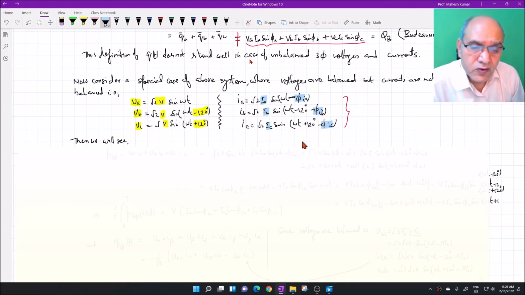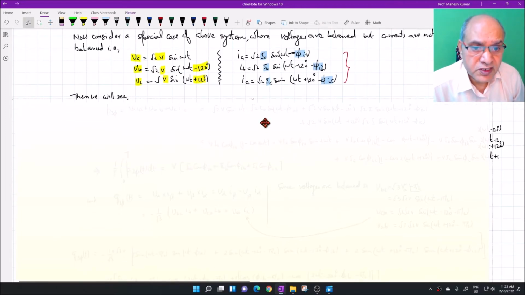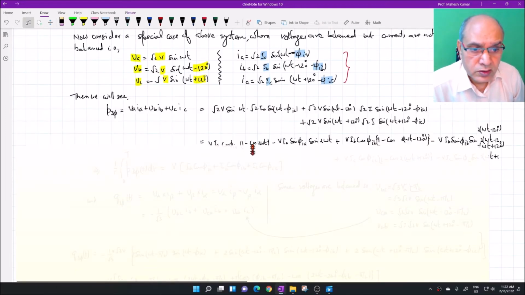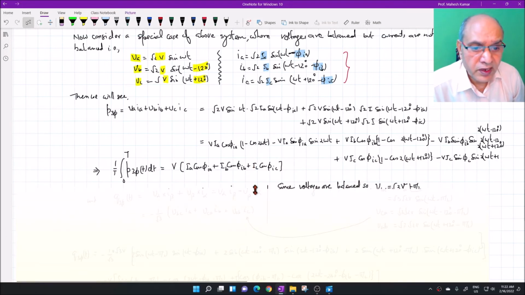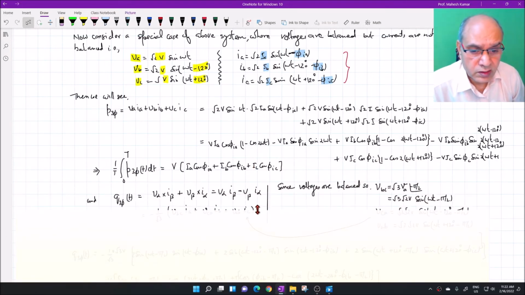If we find out for this system the active and reactive power and instantaneous reactive power and try to see what is the resemblance between these terms, then we can correlate their expressions.